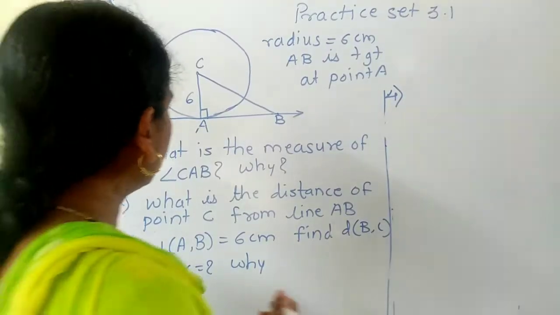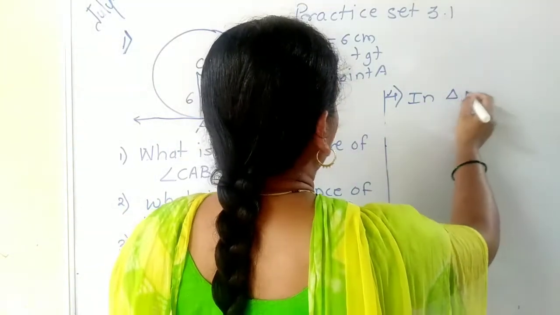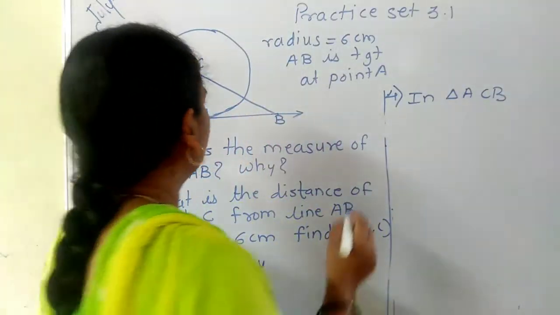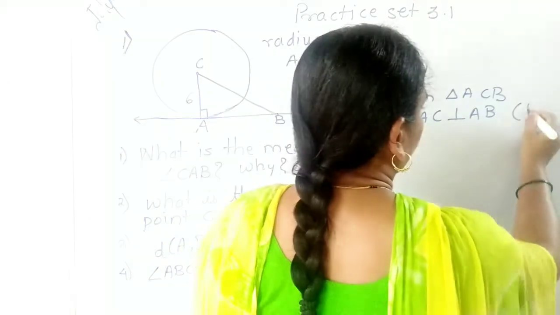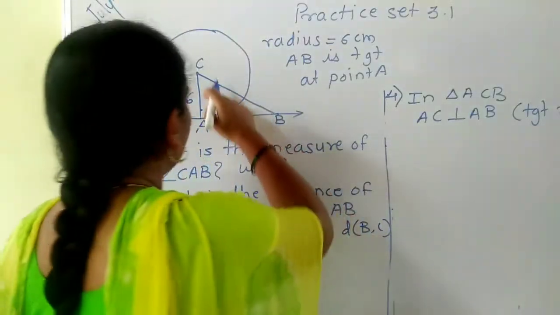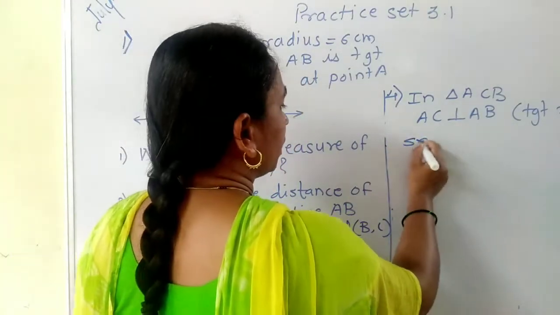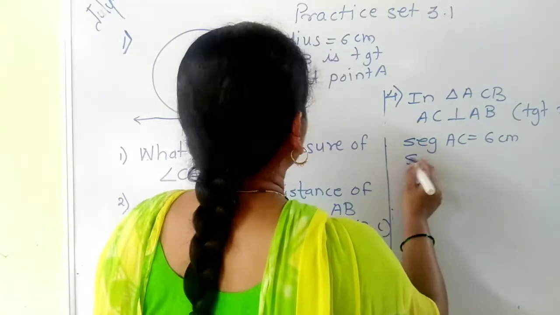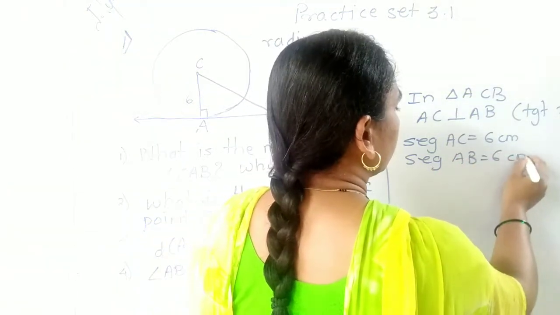Fourth question, in this fourth question, we will take once again the triangle ACB. In this triangle, AC is perpendicular to AB by tangent theorem. Segment AC is equal to 6 cm. Segment AB is equal to 6 cm.